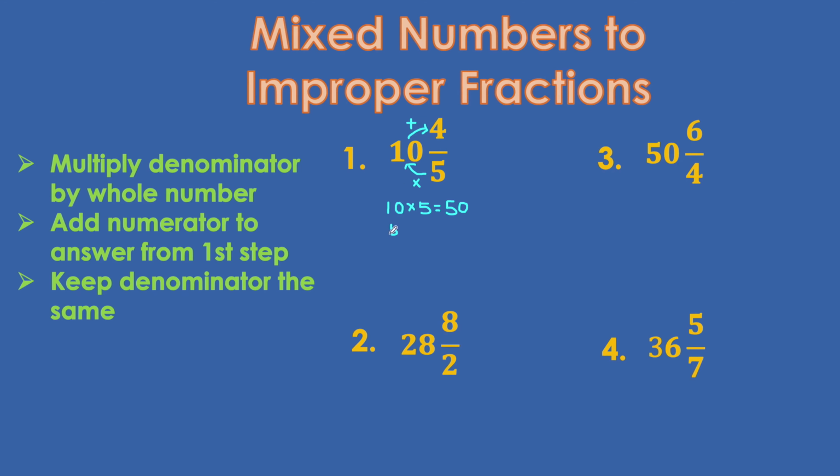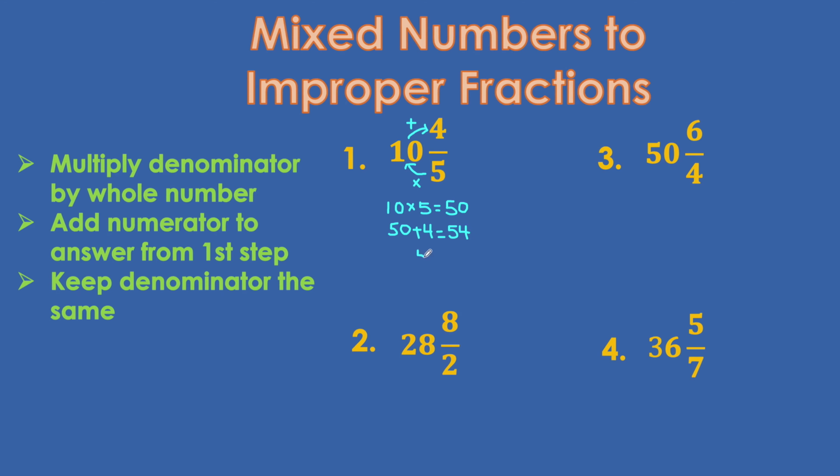So now we're going to take the answer we had, 50, and we're going to add the numerator, which is this 4, which equals 54. So our numerator is going to be 54.